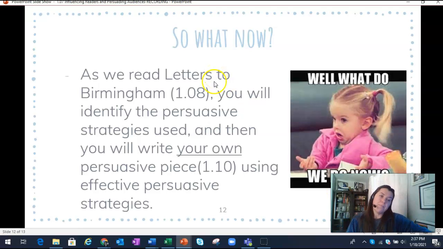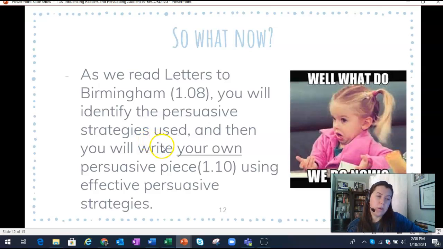So what now? This week we're going to look at two different letters, the letters from Birmingham Jail by Martin Luther King Jr. This is lesson 1.8 and 1.09. While we're looking at these, you'll identify the persuasive strategies that are used, and then you'll write your own persuasive piece in the 1.10 lesson using these effective persuasive strategies.